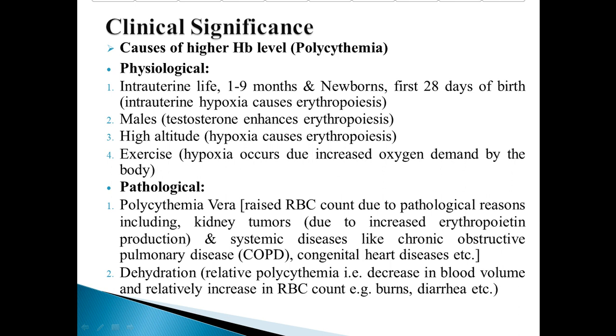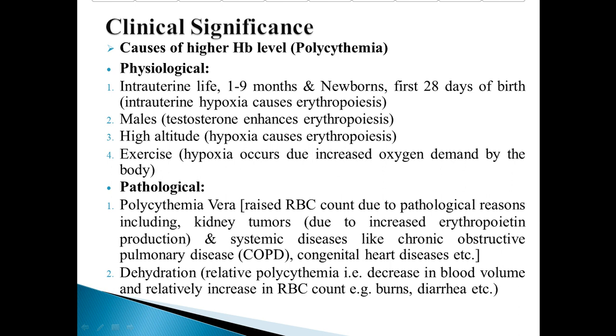Regarding the clinical significance of hemoglobin, the causes of higher hemoglobin level, that is polycythemia, where there is an increase in red blood cell count. The physiological causes are intrauterine life, 1 to 9 months, and newborns, first 28 days of birth, and this is due to intrauterine hypoxia, because intrauterine hypoxia causes erythropoiesis, while in males testosterone enhances erythropoiesis.